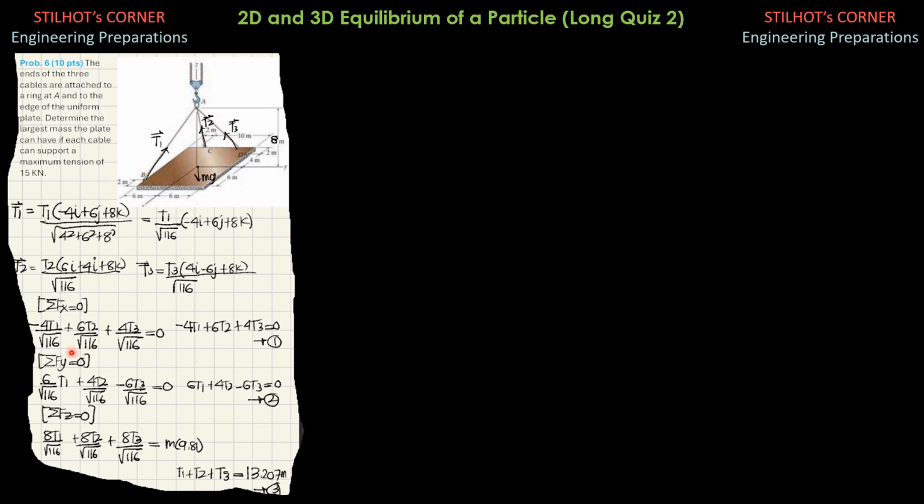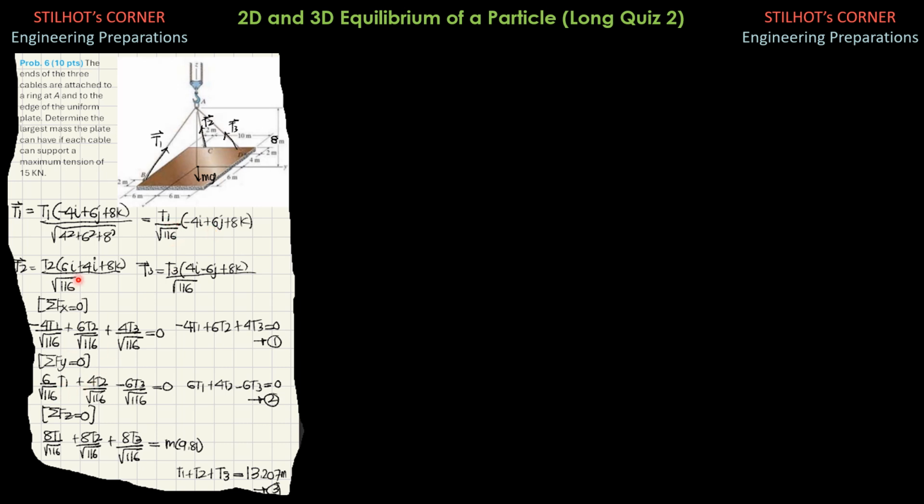Then, since square root of 116 is common, cross multiply with 0. So we have negative 4T1 plus 6T2 plus 4T3 equals 0. That's equation 1. Summation of forces in y equals 0. For T1, it is 6 T1 over square root of 116.